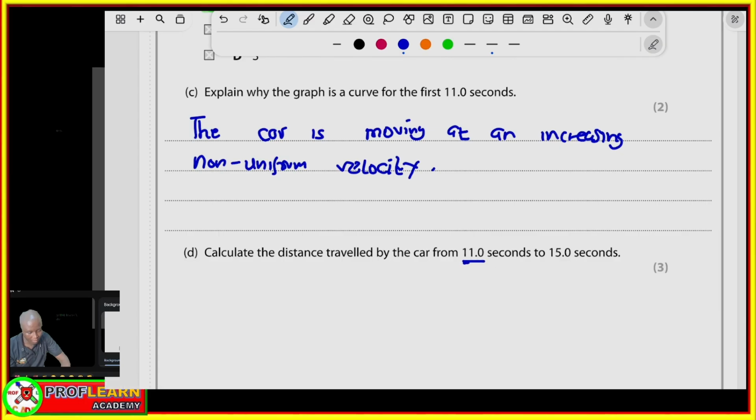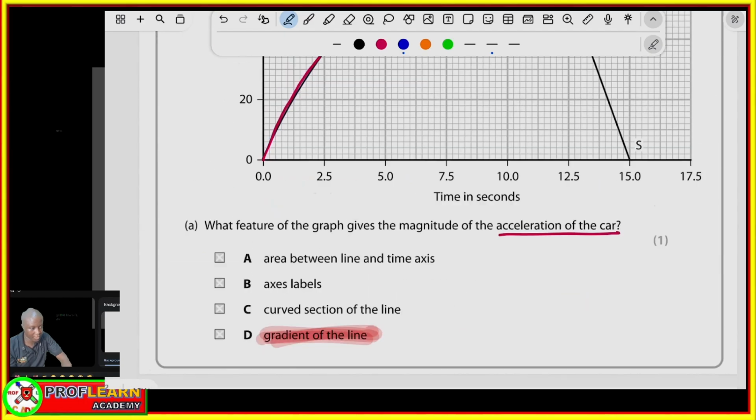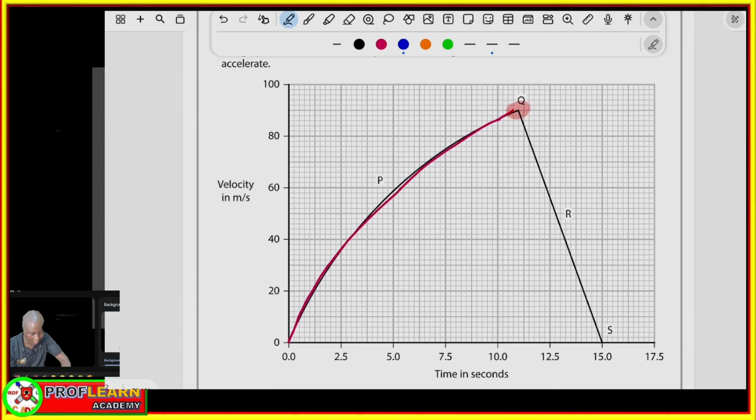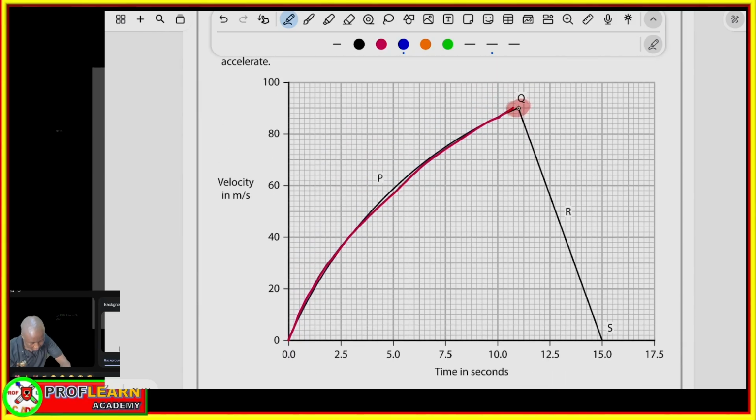Calculate the distance traveled from 11 seconds to 15 seconds. Let's check which section of the graph that is. From 11 seconds to 15 seconds, we can find the area under this region of the graph.